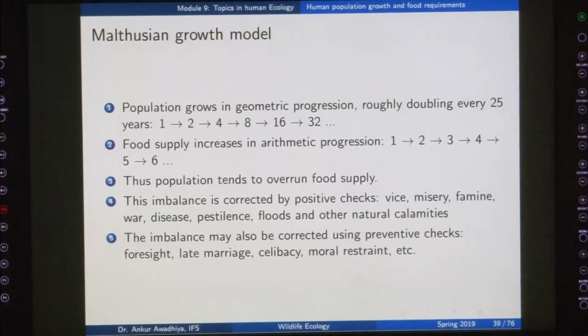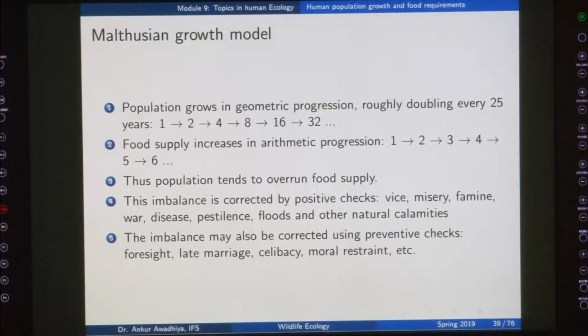If you have a late marriage, in that case the rate of population growth will come down, because in place of having a population that is doubling every 25 years, maybe you will have a population that is doubling every say 30 years. So, he said that late marriage is also a way in which we can use a preventive check, and things like moral restraint and so on.